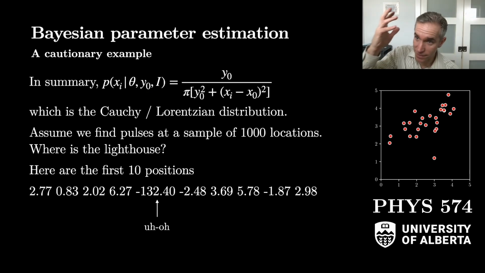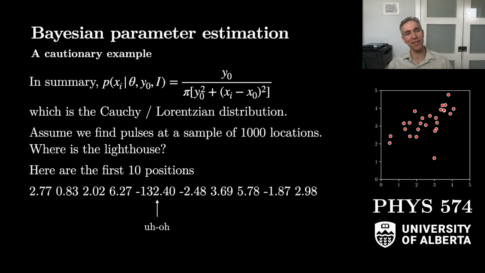And this raises alarm bells because our probability of xi is this Lorentzian or Cauchy distribution here. And the thing we remember about the Cauchy distribution is that it has infinite variance, and that's a problem, and it's going to be the heart of why this is an interesting cautionary example.